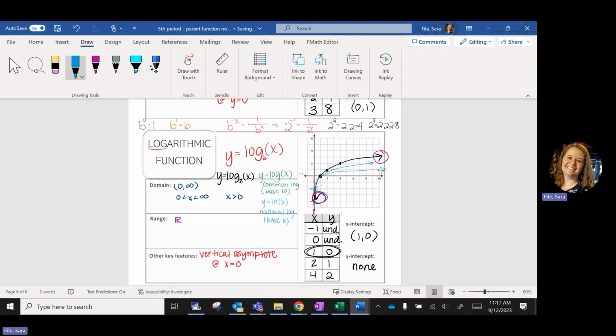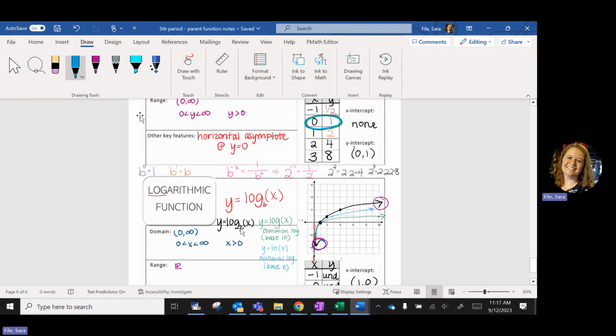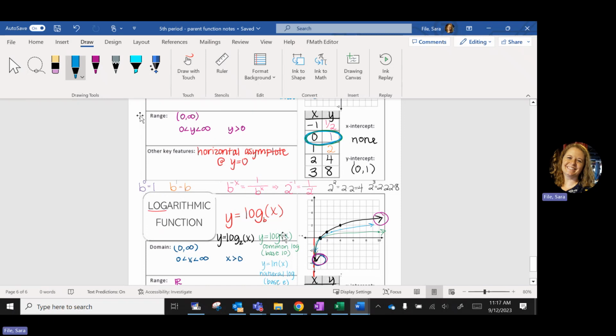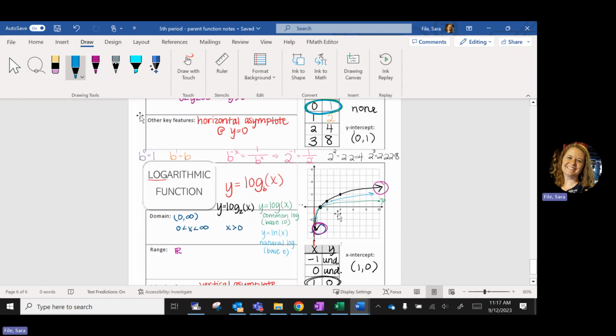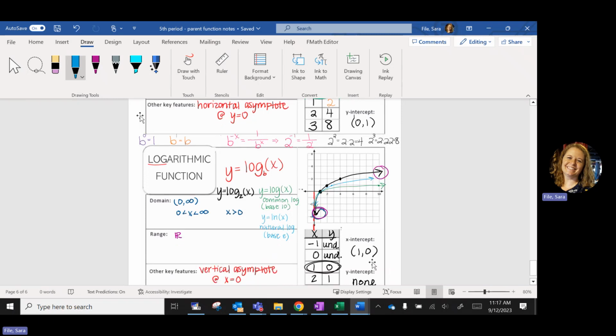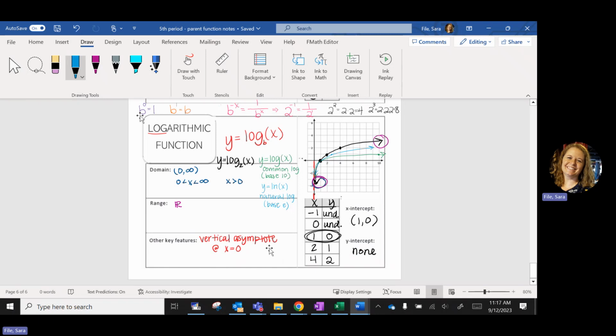Okay, so just so you have a slight understanding that for exponentials and logs, your base value can change, but it does not change your key features. Your domain and range did not change. Your x or y-intercept did not change. Your vertical asymptote did not change. So it doesn't matter what that base is. If you have any log of x, these key features hold.